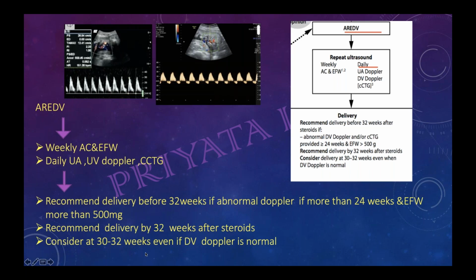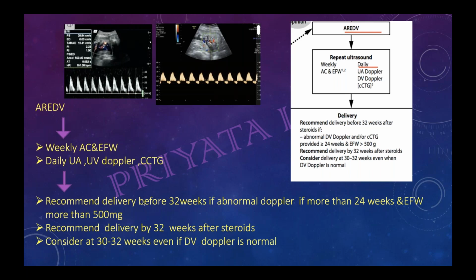But if the ductus venosus Doppler is okay, but the baby is not growing well or some other issues are there, you can think of delivering at a lesser time, in between 30 and 32 weeks. On the other side, if there are any ductus venosus Doppler changes or CTG changes, then you can't continue to 32 weeks.